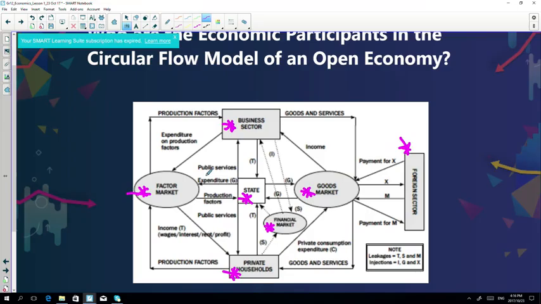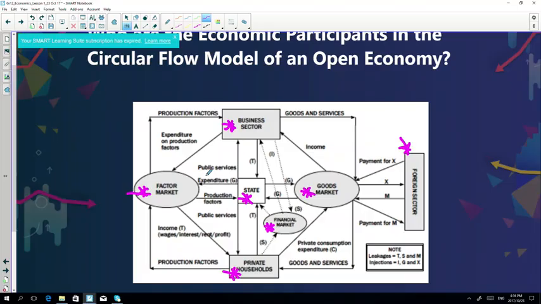So now it's important that you understand the relationship between the different participants that we find in a circular flow model of an open economy. So we will look at the business sector, the factor market, private households, financial market. We'll look at the goods market as well, and the important role that government plays in the circular flow model.